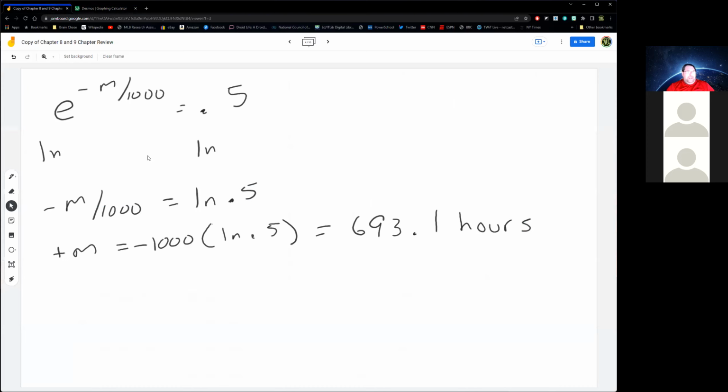The nice thing about these problems is you're only going to do your integral once, and then you're going to use that integral for all the problems. So you don't have to constantly redo your integral for every step.